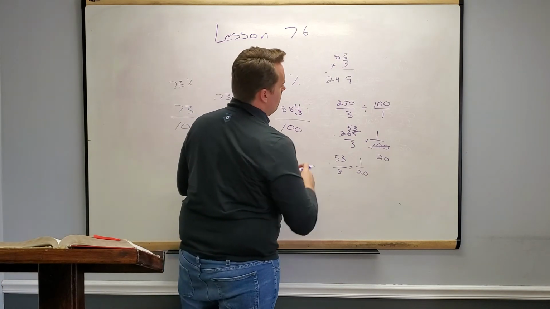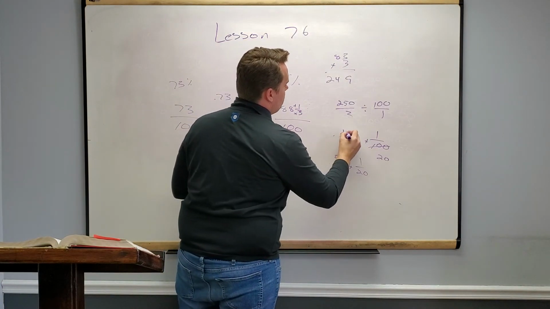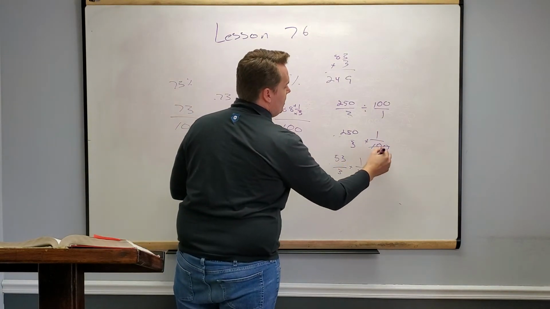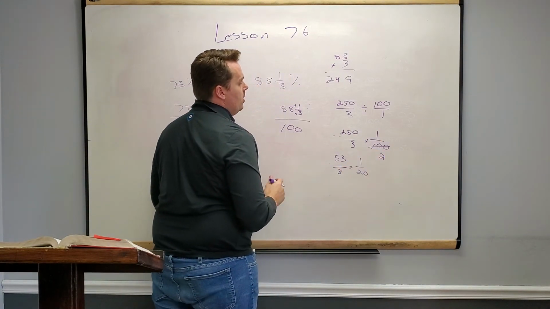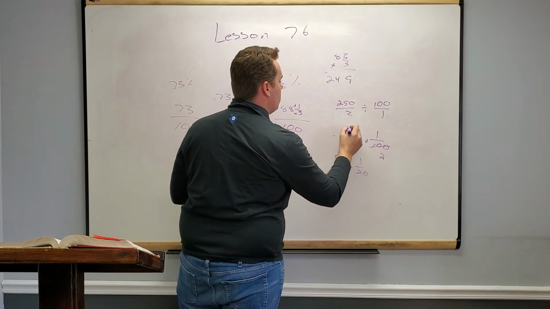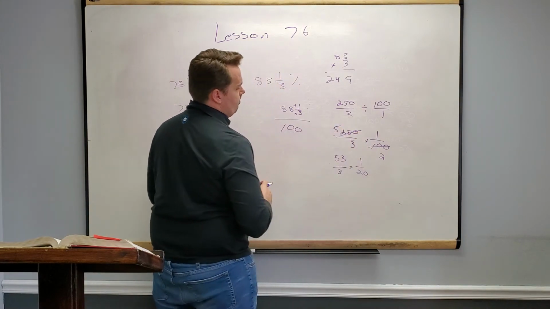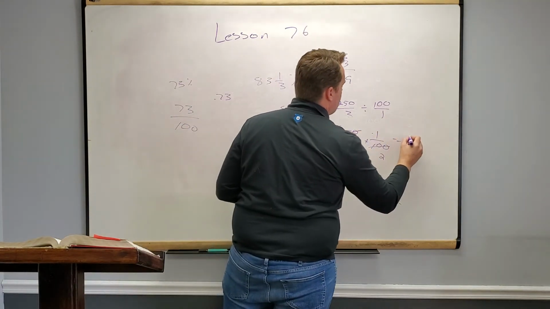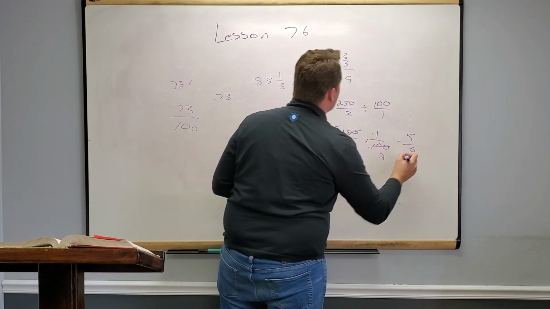250, okay? So 250, 5 goes into, let's do it by 50 now. 50 goes into 100 2 times, and 50 goes into 250 5 times, okay? And so then we ended up with 5 times 1, which is 5, and 3 times 2, which is 6.